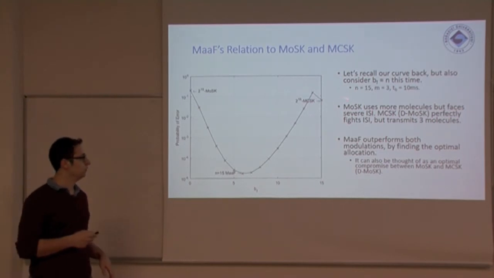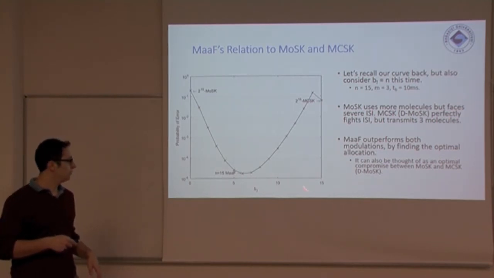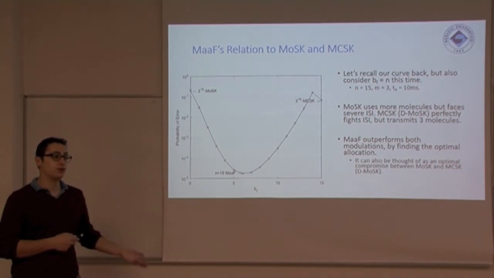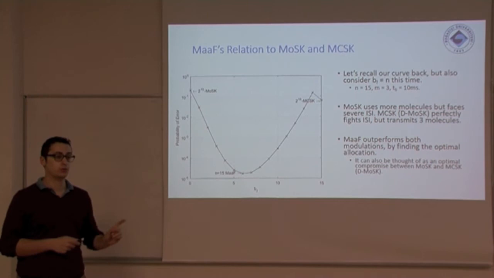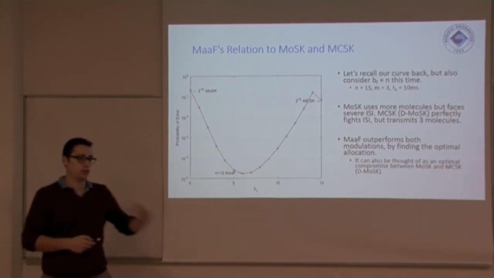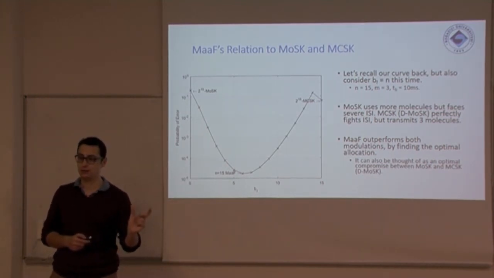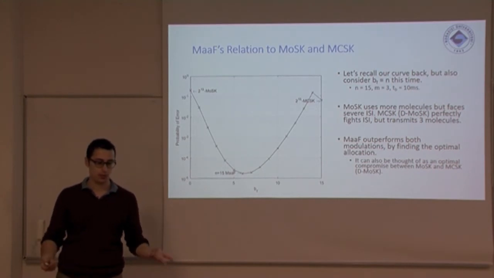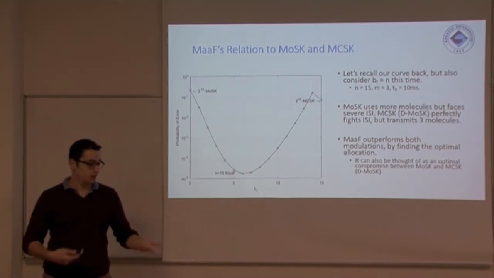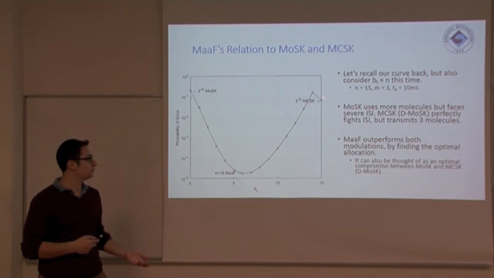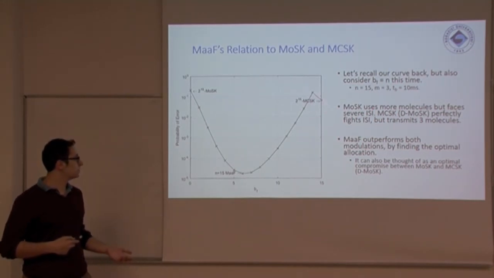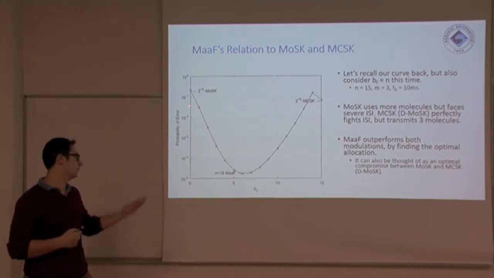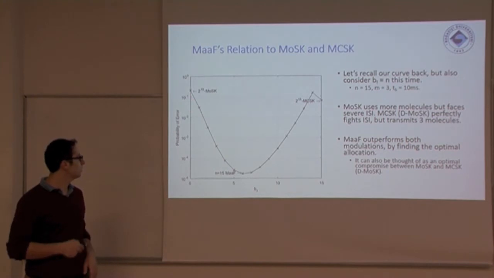On the other hand, we have a very ISI-free channel, let's put it that way, but we're transmitting with only m equals 3 molecules because every transmission has only one bit inside. So to conserve our power constraint, we have to transmit with 3 molecules only. That is why the error rate goes higher in this region, and the reason before was explained for this region.